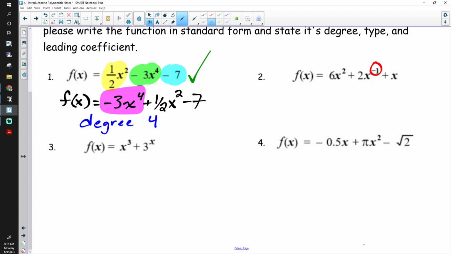No, you're only allowed to have counting numbers: 0, 1, 2, 3, 4. -1, that's a negative number. That's not a whole number. So number 2 is not a polynomial. We don't even have to bother putting it in standard form and writing down its degree. It's not a polynomial.